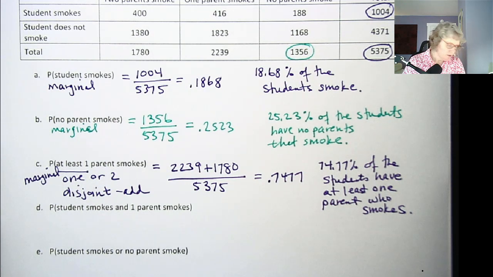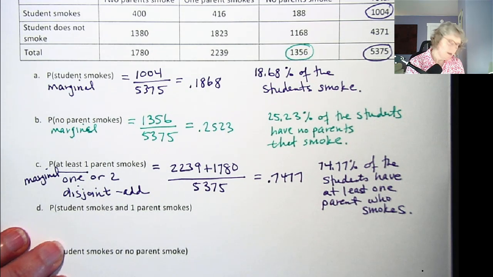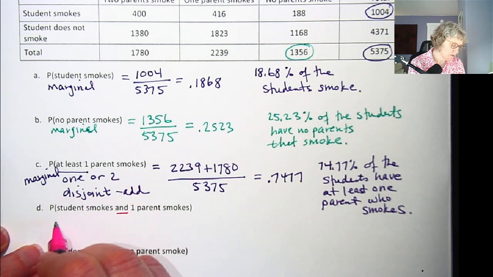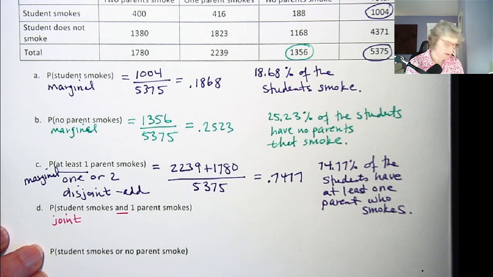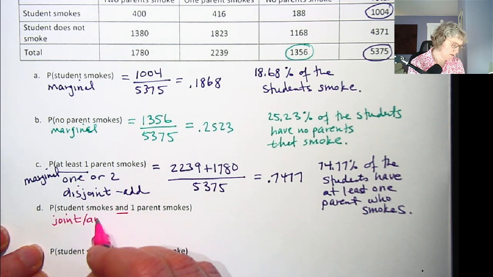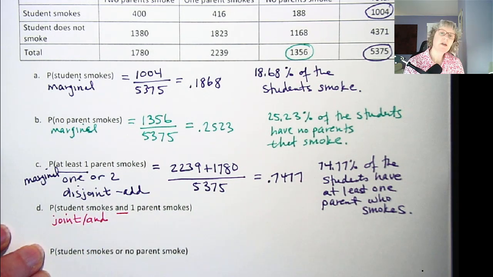Okay, I think it's time for a new color. Letter D, what's the probability the student smokes and 1 parent smokes? Now I see an and in here, so that's a joint probability, joint or and. Those are in the interior of the table because those are the intersections.